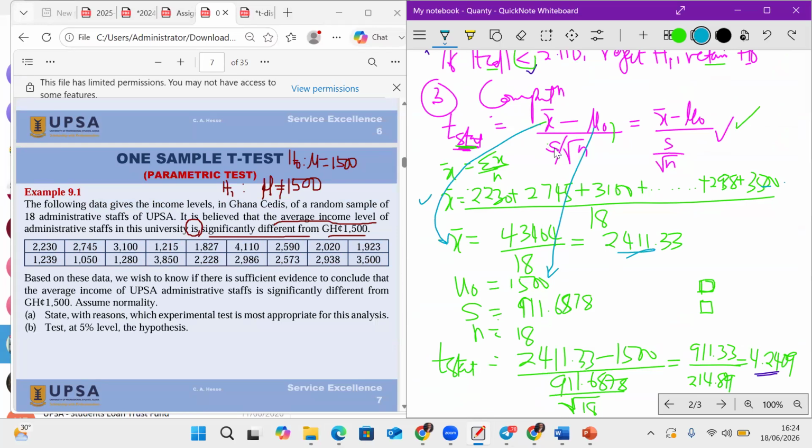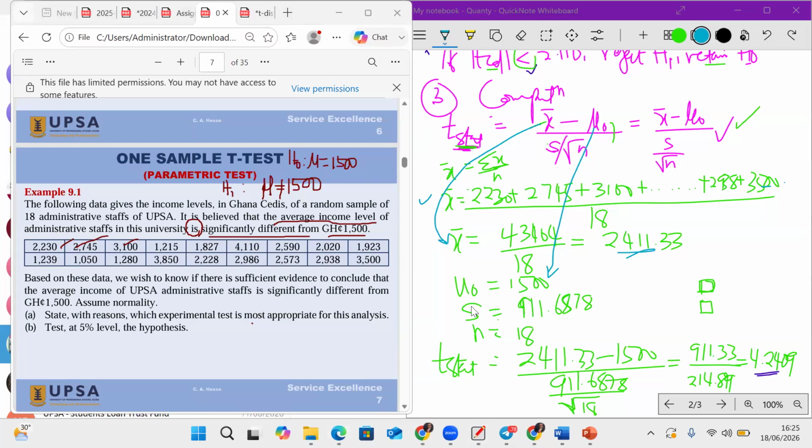Then the standard deviation too, we have to solve it. So how was the standard deviation solved? Each of the figures here, you square them. You square the 2,230, you square this, you square that, you square each of the sample data, the values, the random variables. When you square all, then you get the total for x squared.